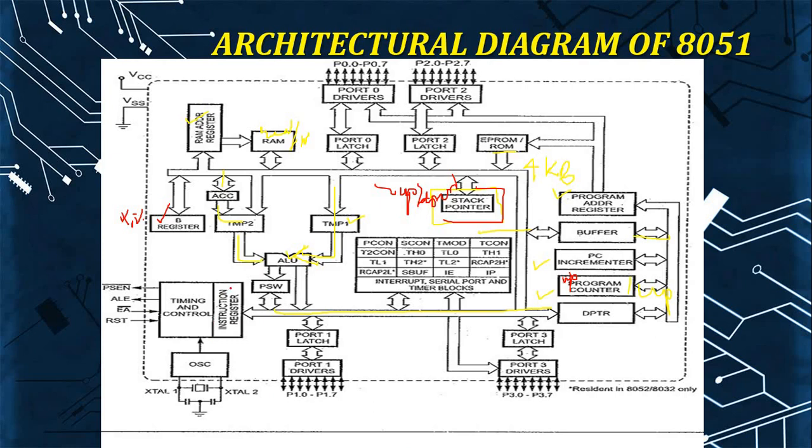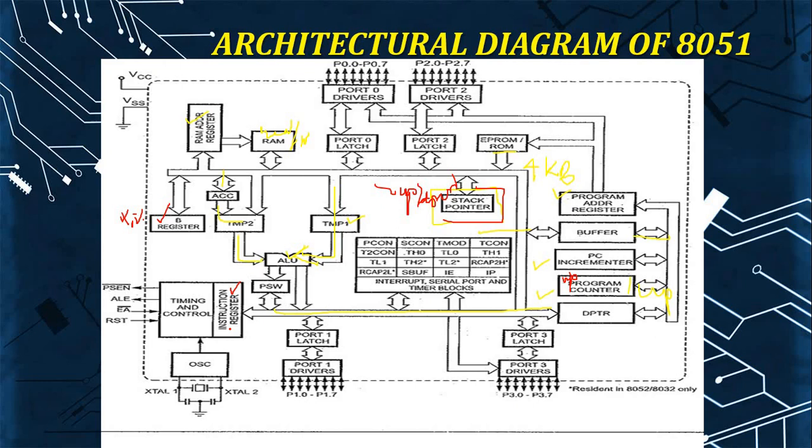And also we have an instruction register. The use of the instruction register is that it separates the instructions. If I get arithmetic instructions, it will put all arithmetic instructions in one unit. If I get logical instructions, it will put all the logical instructions in one unit. If I get jump instructions, it will put all the jump instructions in one unit.